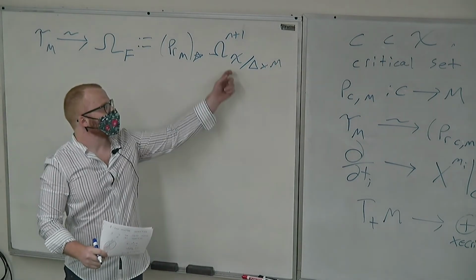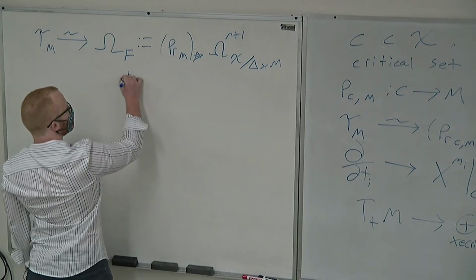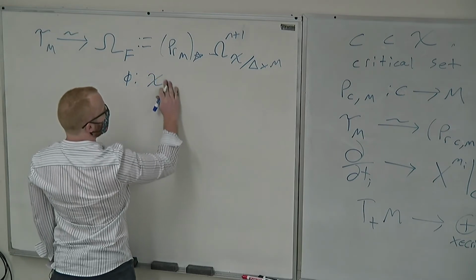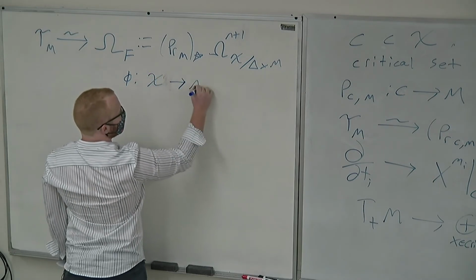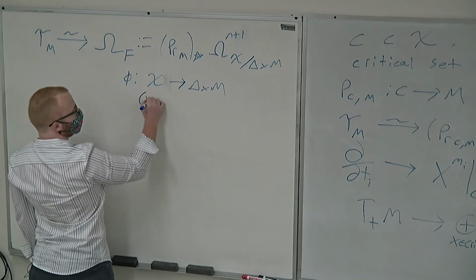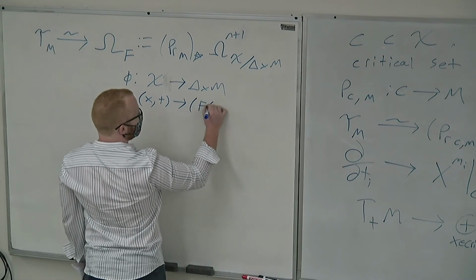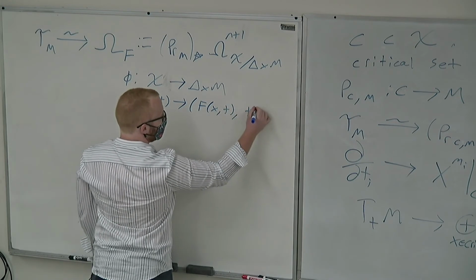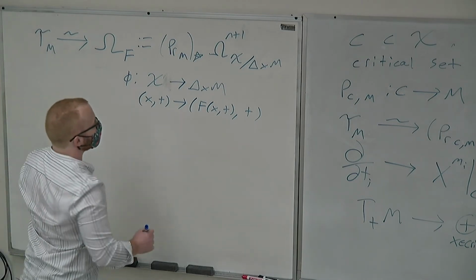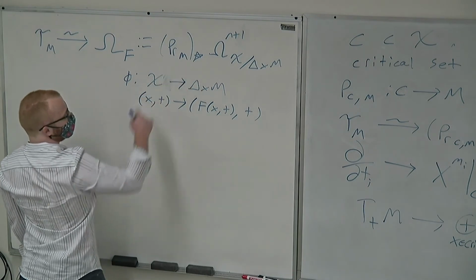Now, F was taking chi to delta, but here I'm thinking of the relative forms, the relative forms over this map, chi to delta cross m, right? When I look at this, I'm taking (x, t) and mapping it to (f(x, t), t), where the second coordinate is just the identity. So I'm taking the top relative forms over this, and I'm projecting them onto m.